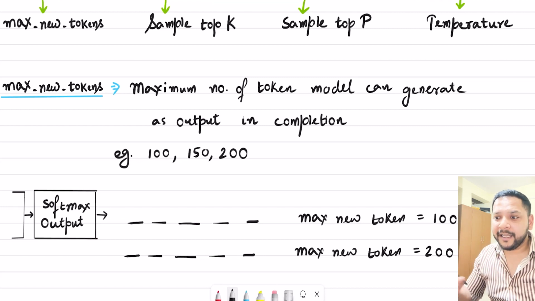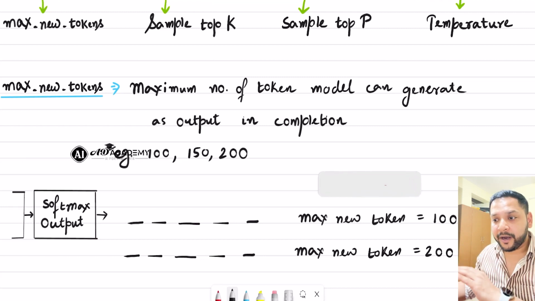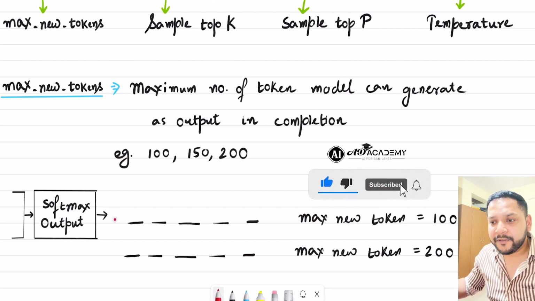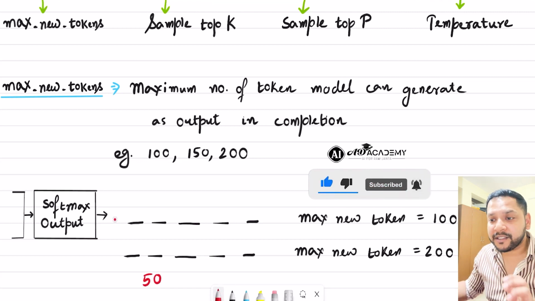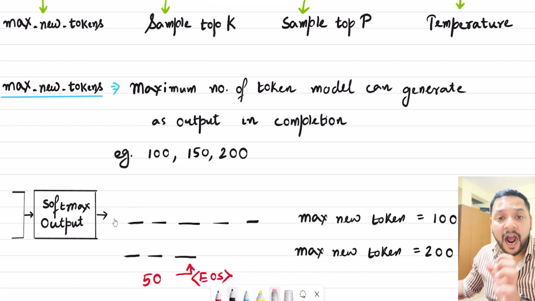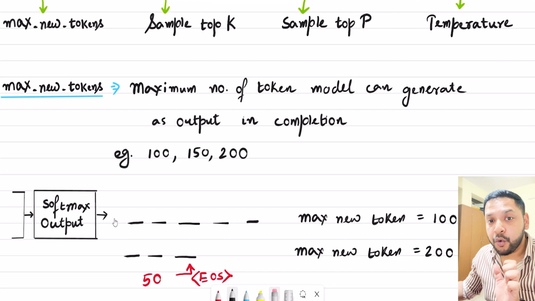But it is not necessary that it will predict 200 tokens. It might happen that it will predict, say, 50 tokens or 50 words, and after that it gets an end of sequence token. So it will stop after 50 tokens and it will not generate 200 tokens.